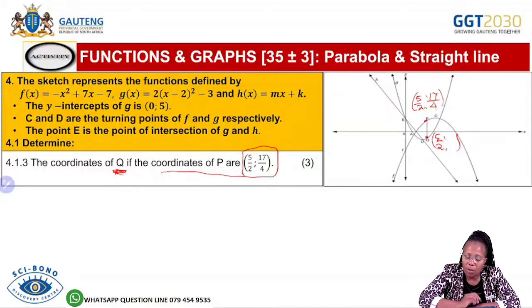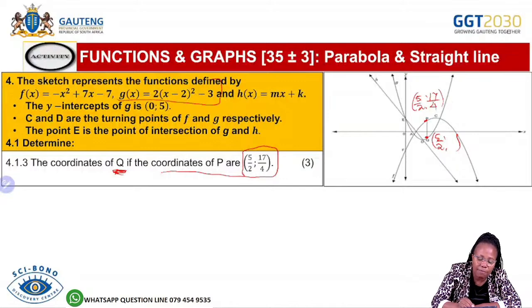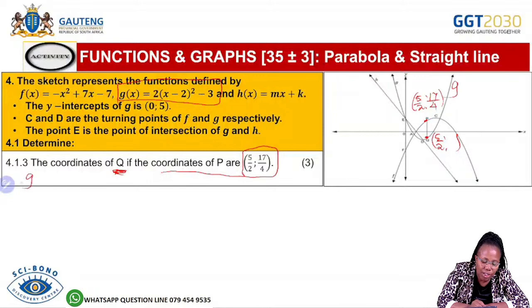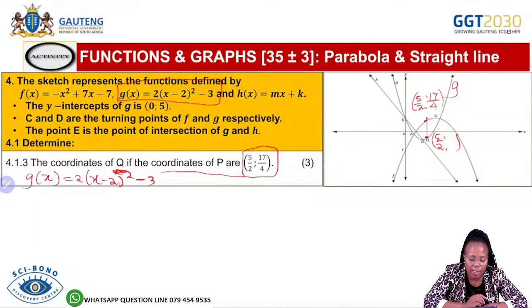Okay. How can we get the y value now? You look at that Q point. It lies on which graph? It lies on the concave up, that means on the positive parabola. That is the g function. So we are going to take the g equation. Okay. 2 into (x minus 2) squared minus 3, because that Q lies on that graph.